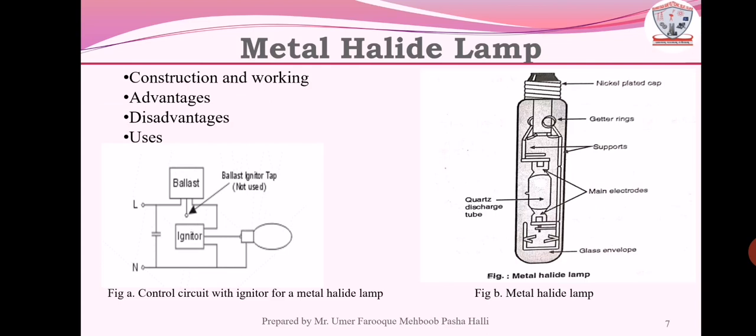It will produce white or green light if the metals are used in element form in the discharge tube. To avoid the metal in element form, its halide is used, like iodide, that is sodium iodide. The lamp requires high starting voltage.